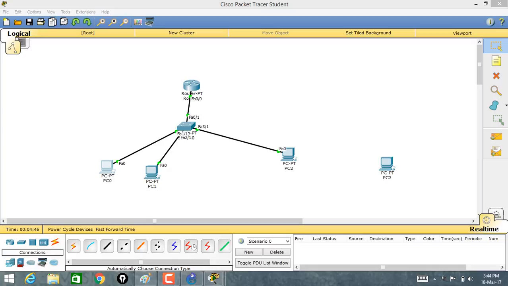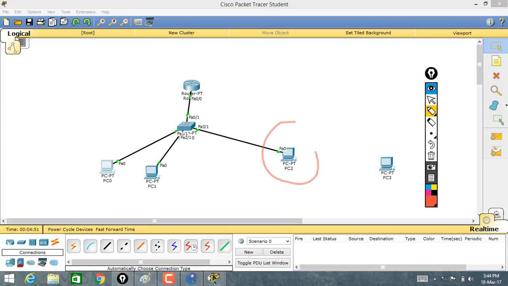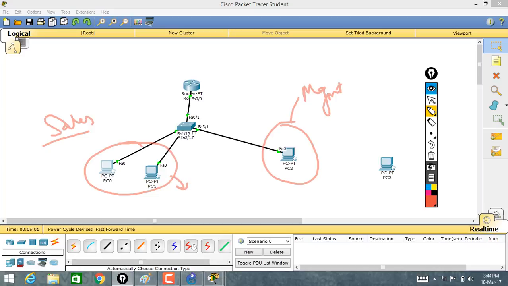I have kept these two separate. The subnet mask I have used is .248, the block size is 8 and it will go from 0 to 7.